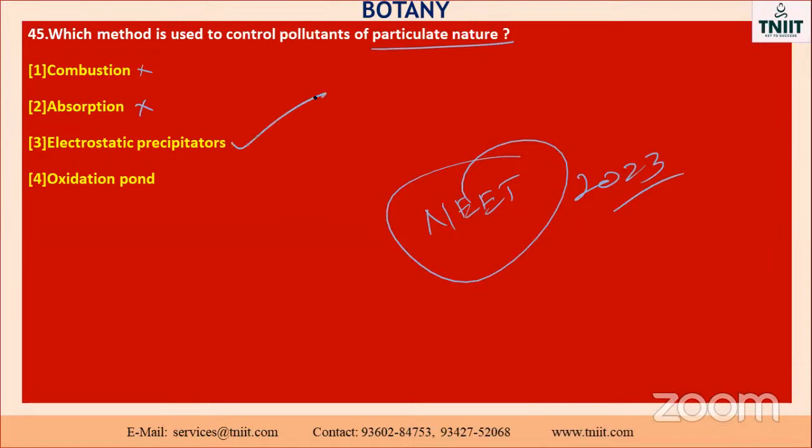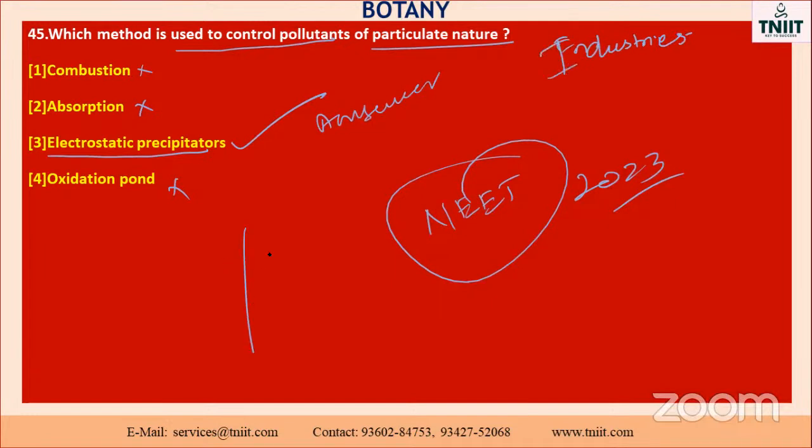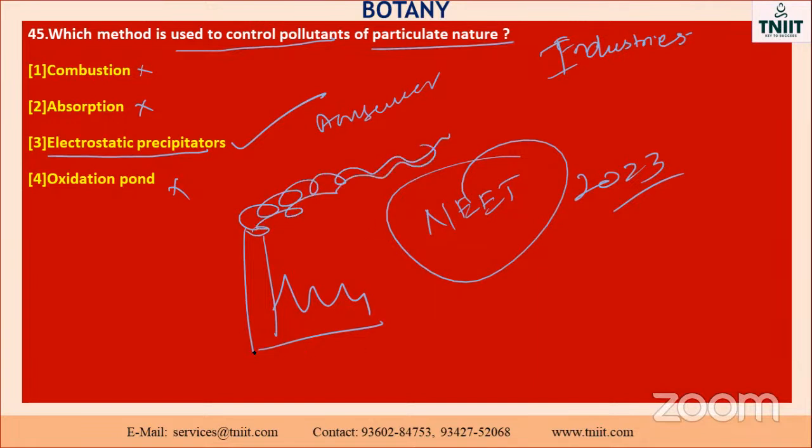Electrostatic precipitator is the answer, because it is mostly used to control pollutants from industries. Many industries cause pollution, and this is controlled by the electrostatic precipitator only, not by the other options.